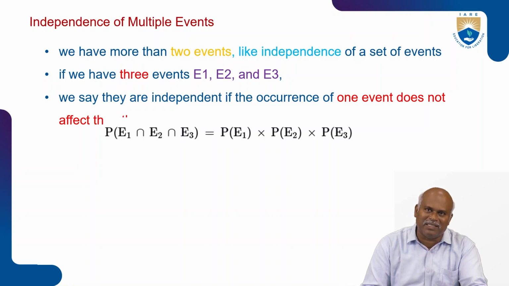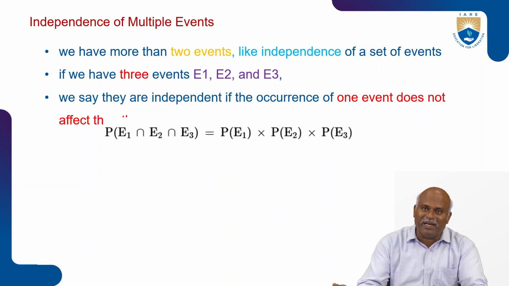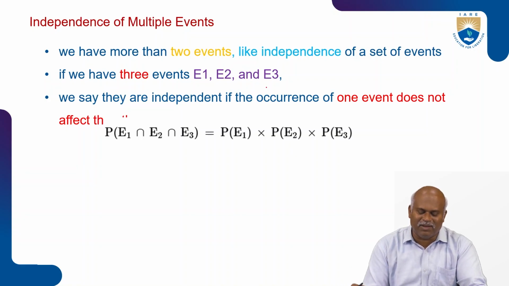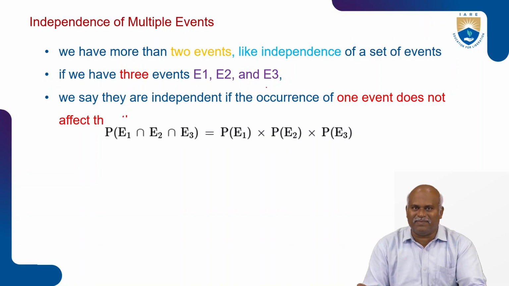One event I represent as E1 and E2. The overlap is represented with an independent event, that is E3. We say that the occurrence of one event does not affect the others.